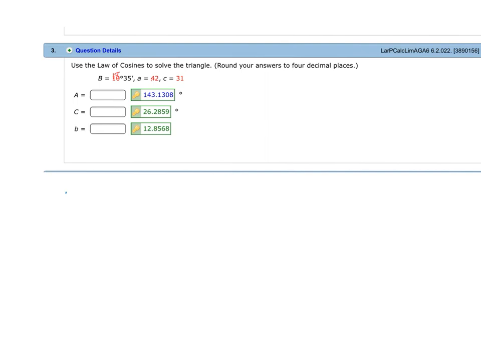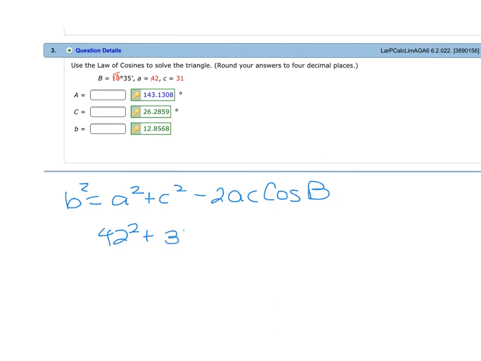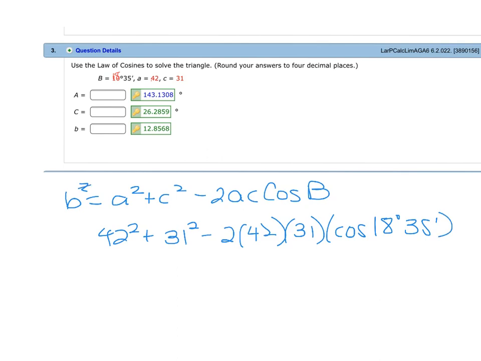So the first thing I have to find is side B. So B squared equals A squared plus C squared minus 2AC cosine B. A is 42, C is 31, 2 times A times C times the cosine of 18 degrees and 35 minutes. Should we keep it in that form or should we convert it? As long as it terminates without having to write like 7 digits, then it doesn't really matter.